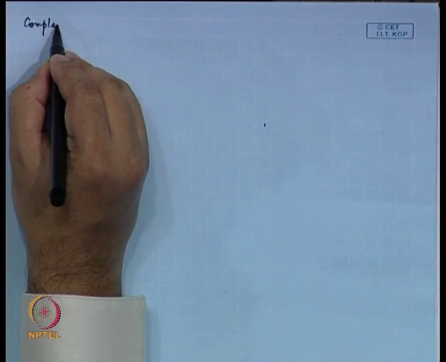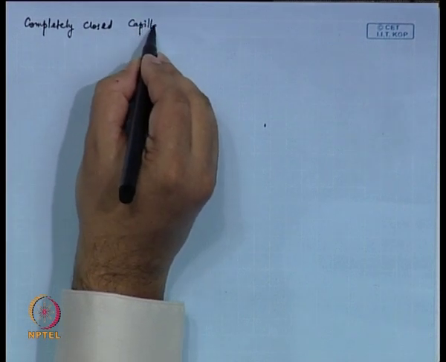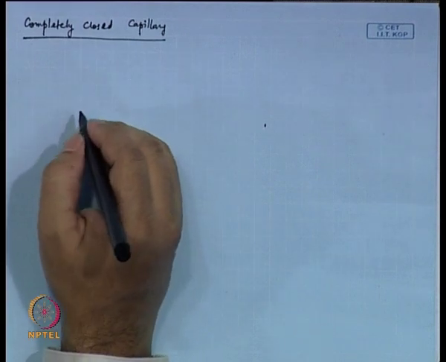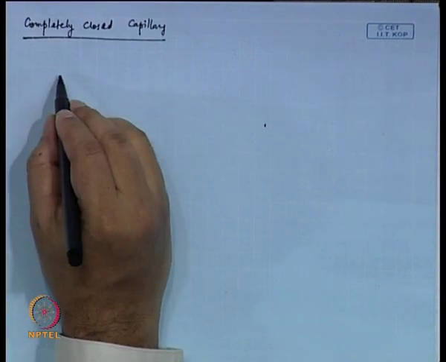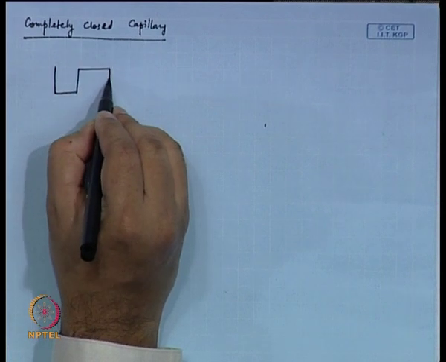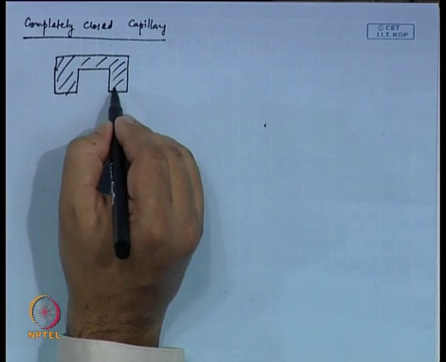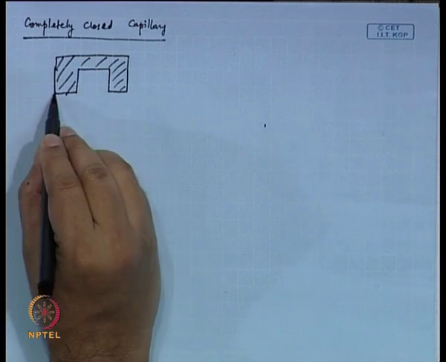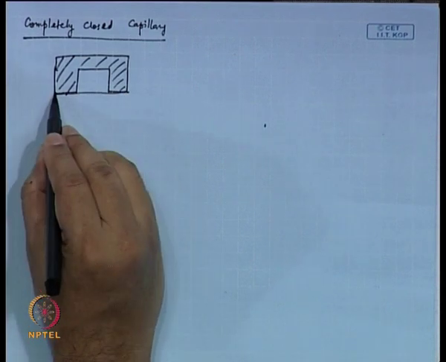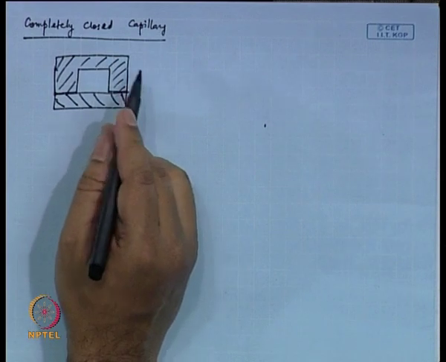If somebody is working with a completely closed capillary, what I mean by completely closed capillary is that suppose this is a feature we have, and you have put it on the substrate, and it is completely closed.